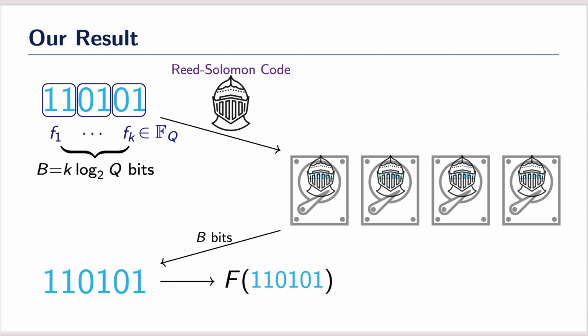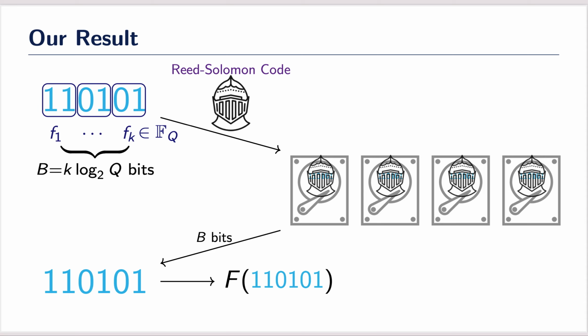So in total, that's k log 2 of Q bits. It doesn't have to be 2 bits per symbol; that's just what I've shown here. But in general, you'll have some finite field, and you'll have k symbols of that field, and B is equal to k log 2 of Q. And you just encode those in this code called a Reed-Solomon code.